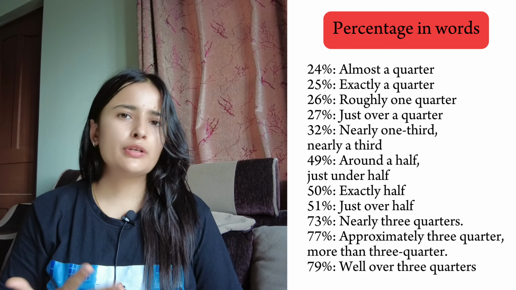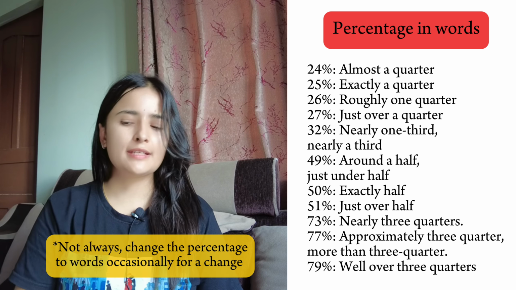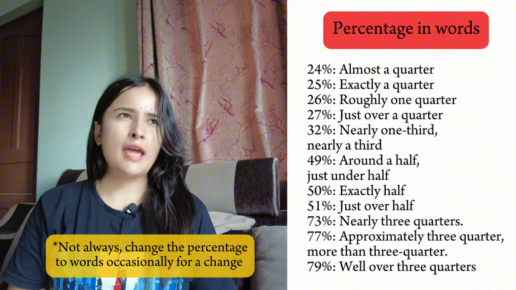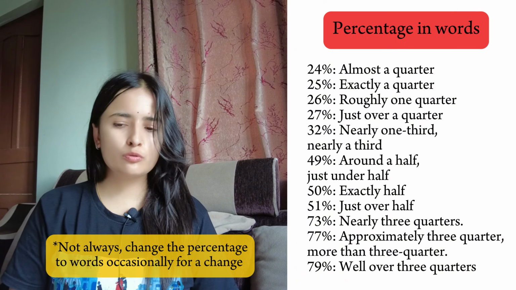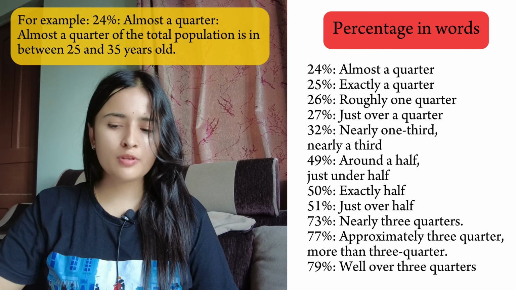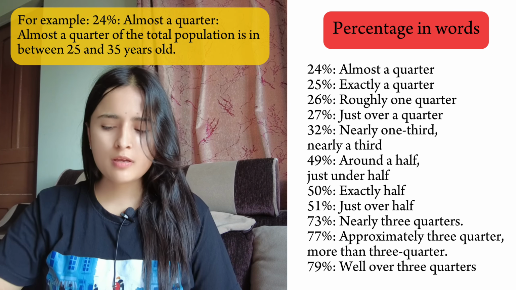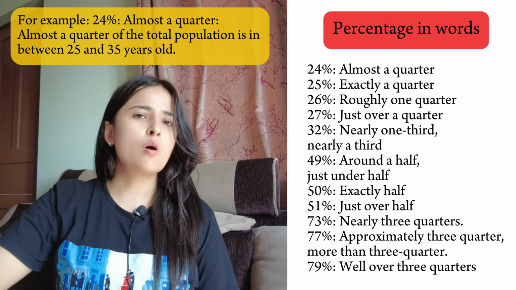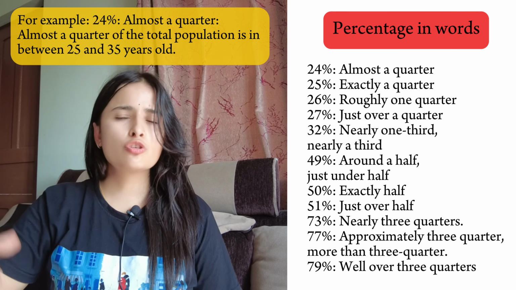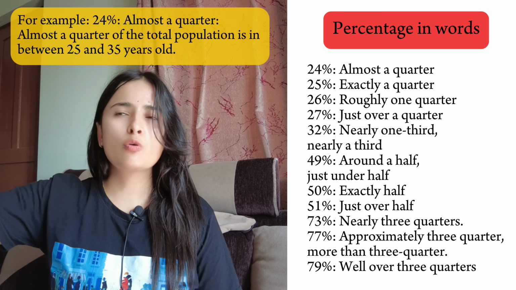Another thing I want to include here is don't just write percentages, but rather write them in words to look different, to show the examiner that you can use a variety of sentences or words to describe the data. Such as if it's 51%, then write just over half of the people are living in Korea.